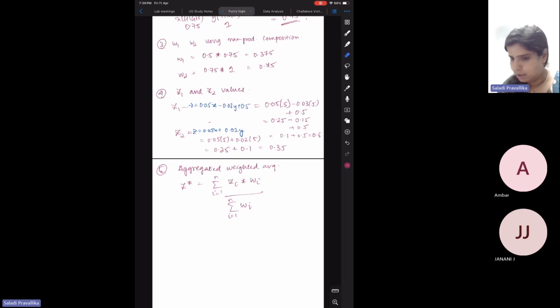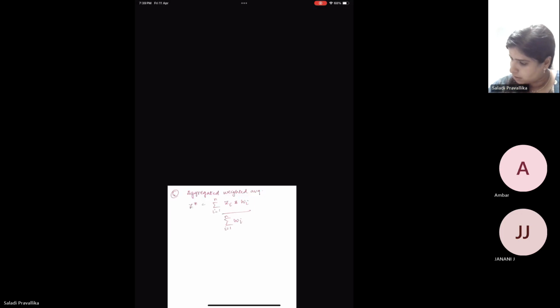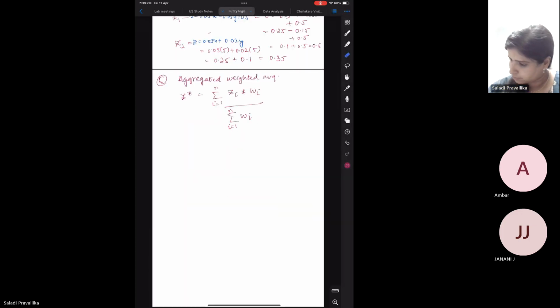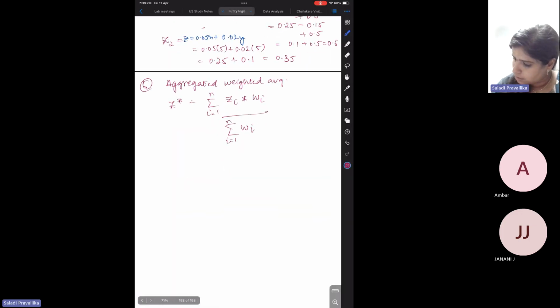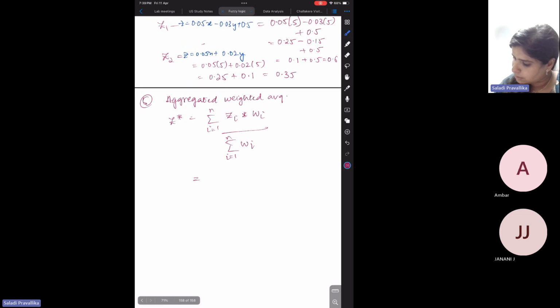Since Amber and Janani both have finished that, let us see. This is Z1 into W1 plus Z2 into W2, divided by W1 plus W2.